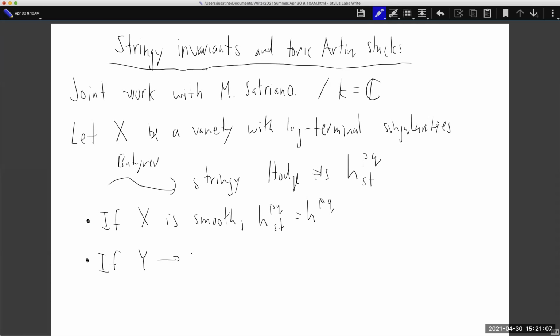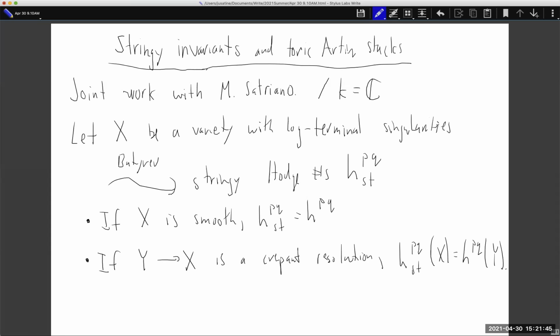Well, one important case is that if Y to X is a crepant resolution of X, then the (p,q) stringy Hodge number of X is going to be exactly equal to the (p,q) Hodge number of Y. So I think a good way to think about stringy Hodge numbers is that if you had a crepant resolution, they're telling you what the Hodge numbers of that crepant resolution are.